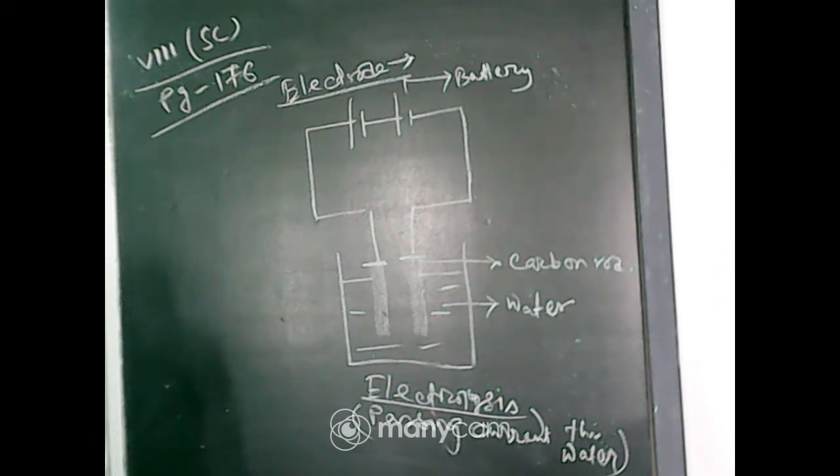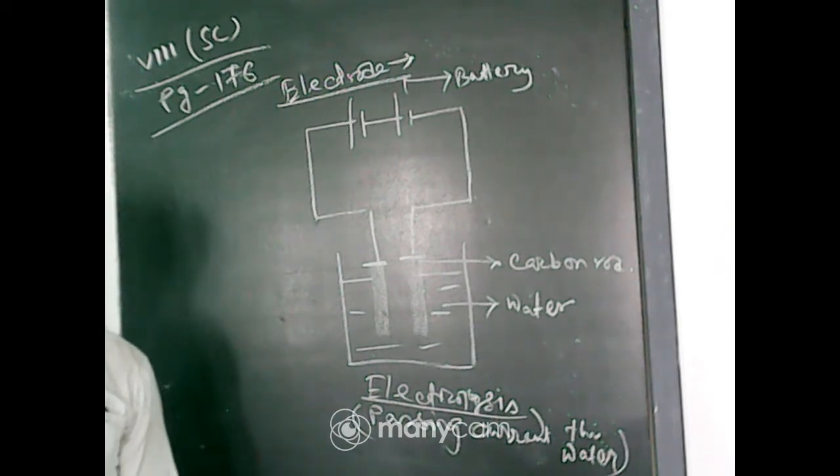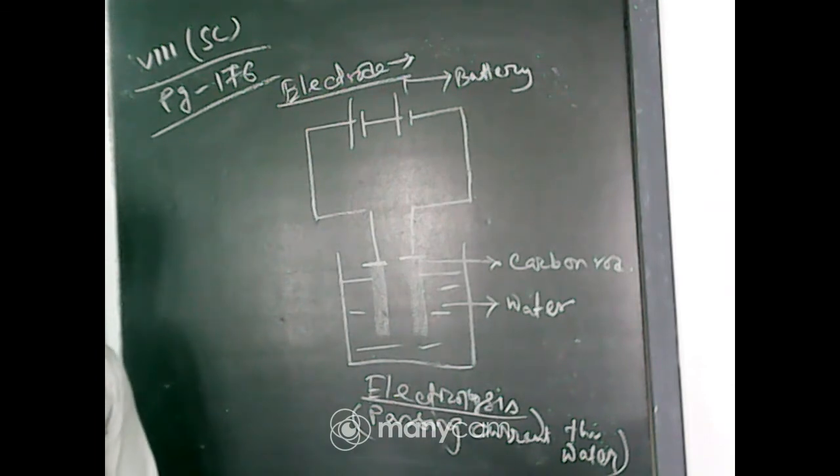Now follow page number 177. One column is given, that is William Nicholson, who lived around 1753 to 1815. He showed that when the electrodes were immersed in water and a current was passed, bubbles of oxygen and hydrogen were produced.